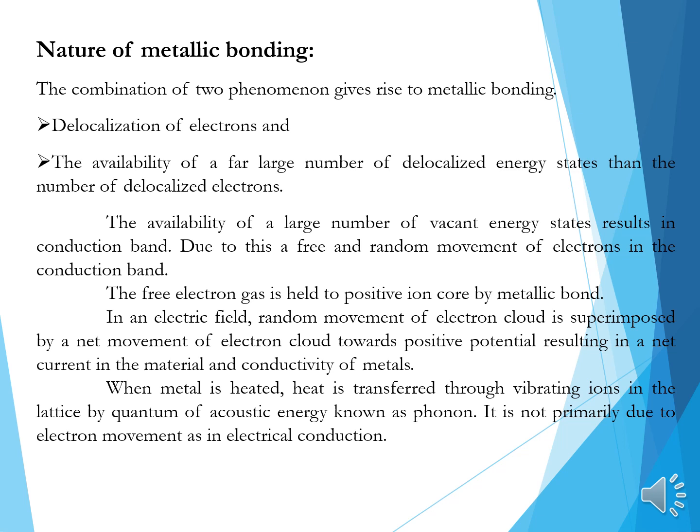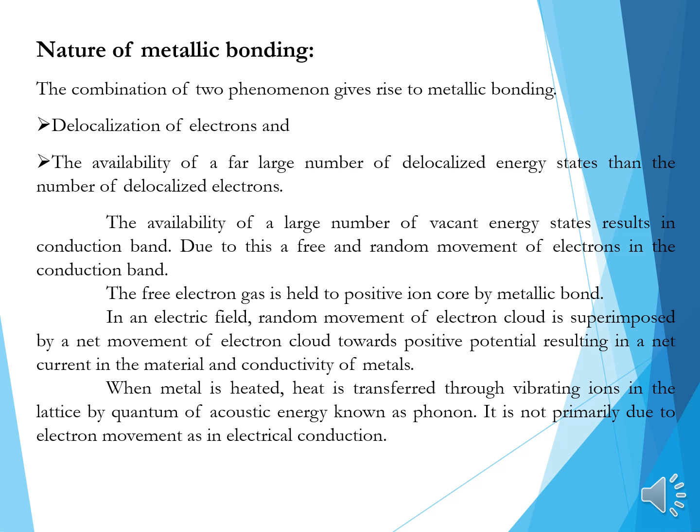In an electric field, the random movement of the electron gas or cloud is superimposed by the net movement of the electron cloud towards positive potential, resulting in a net current in the material and the conductivity of metals. When metal is heated, heat is transferred through vibrating ions in the lattice, that means positive ions, by quantum of acoustic energy known as phonon. What is this phonon?